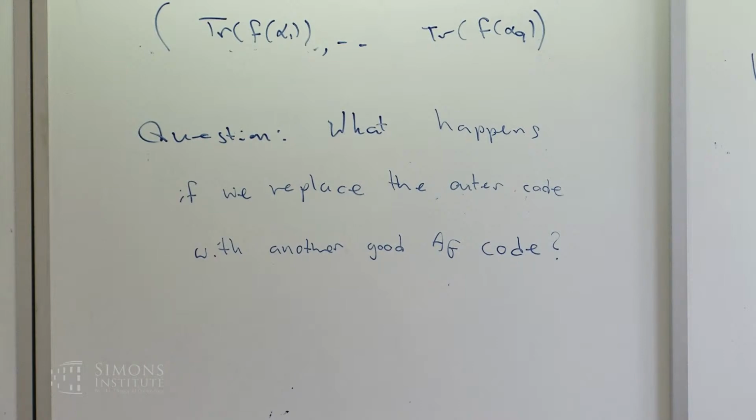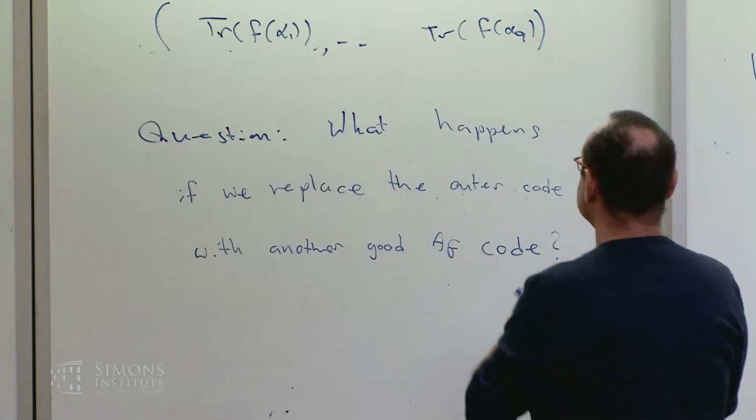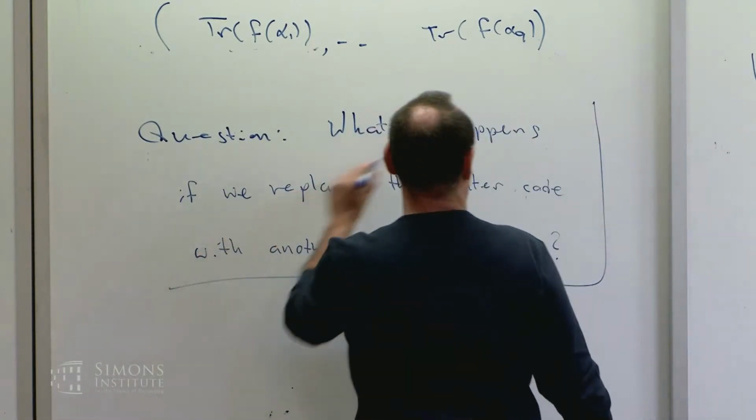It uses a different idea, and it's not so easy to analyze, but it's a very natural question. For example, when we did concatenation, it was much better to concatenate with an AG code instead of with Reed-Solomon. This is what I would like to discuss.